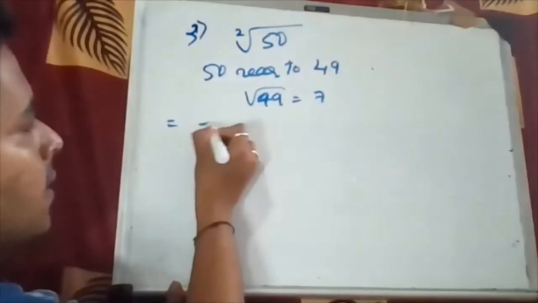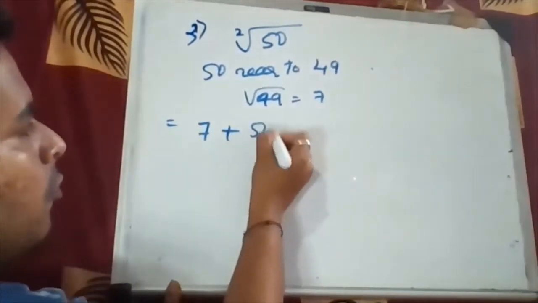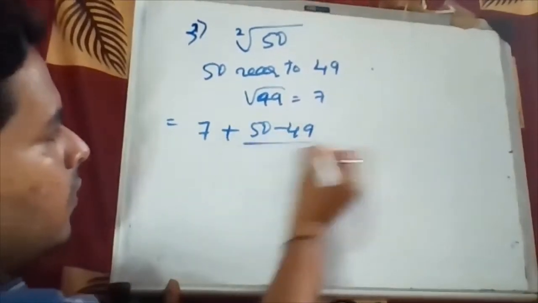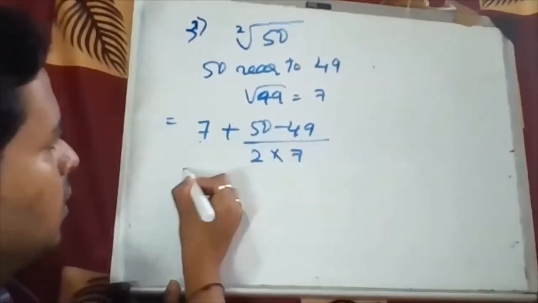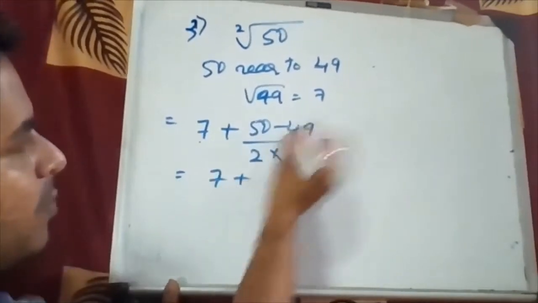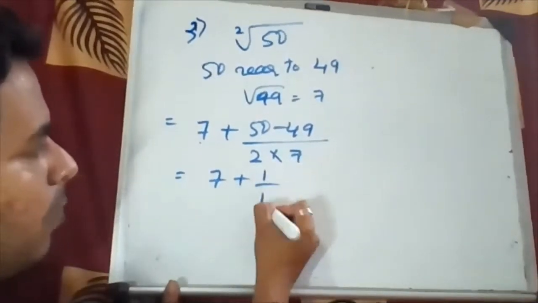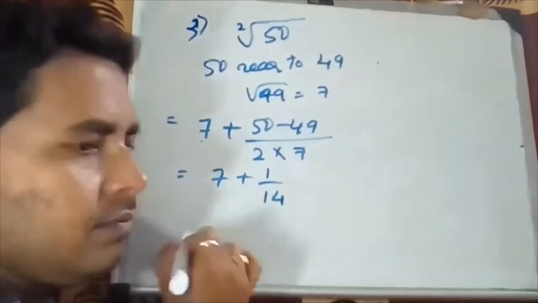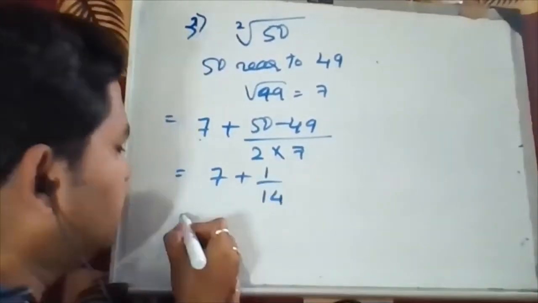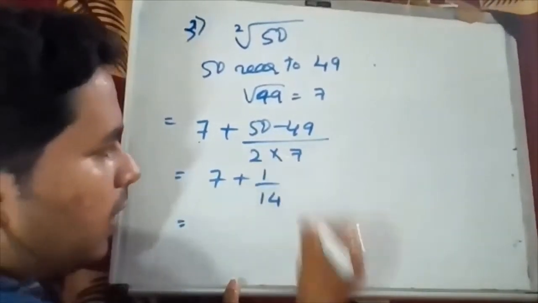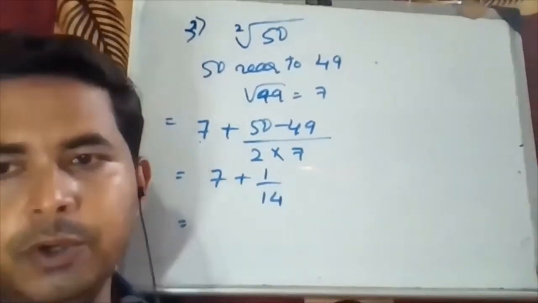So I'll take here 7 plus 50 minus 49 divided by 2 is a fix, and take this 7 here. So here 7 plus 50 minus 49 is 1, 1 by 14. Okay, 1 by 14 आएगा. 14 का वैल्यू क्या आएगा, 1 by 14.